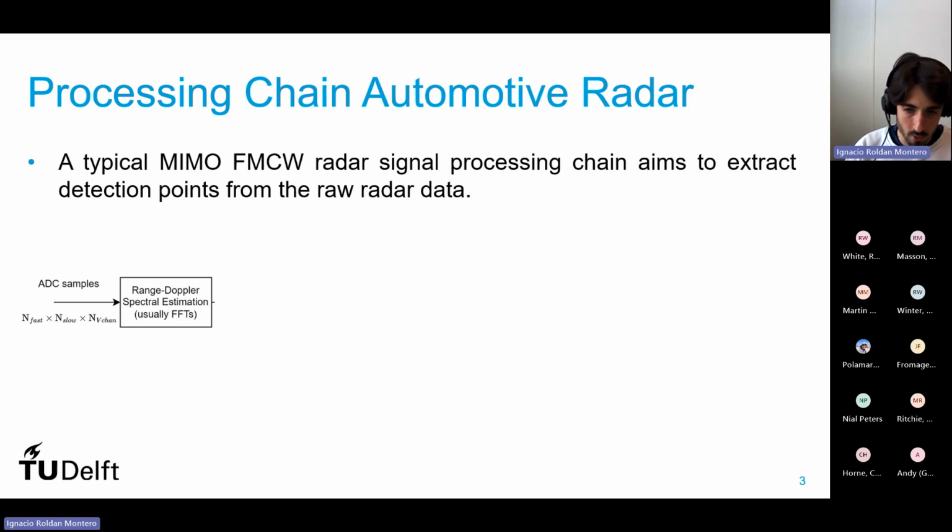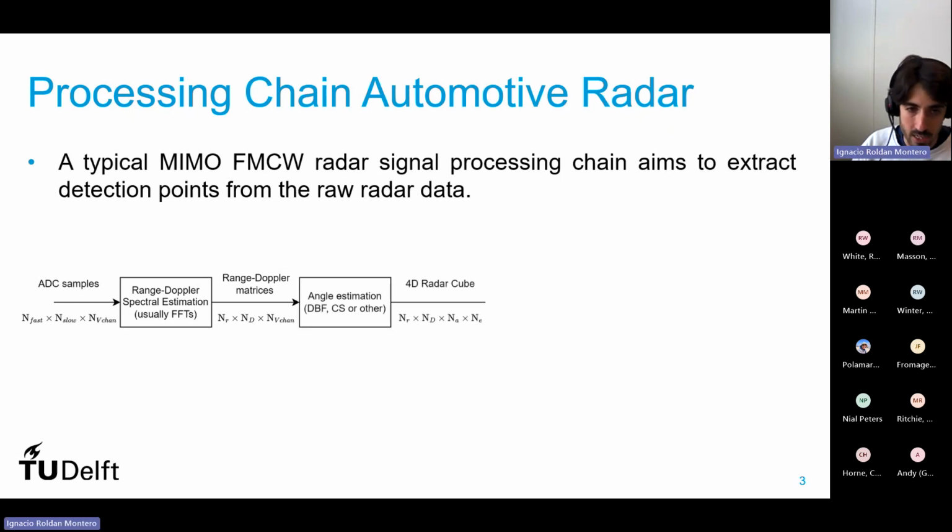As a quick recap of this signal processing, first you collect your ADC samples. Usually they are complex IQ baseband samples, and you organize them in fast time, slow time, and channels. Then you do a spectral estimation to get range and Doppler, and you have a range-Doppler matrix for each of the virtual channels you have.